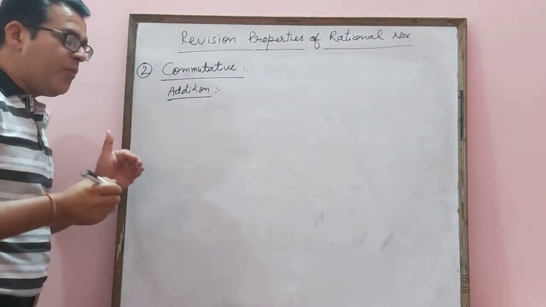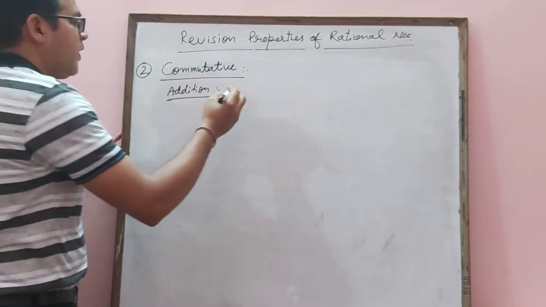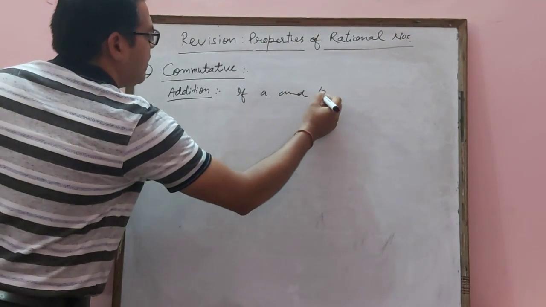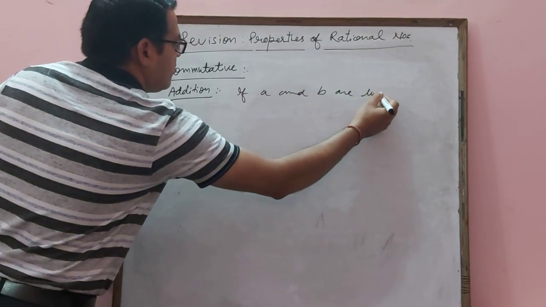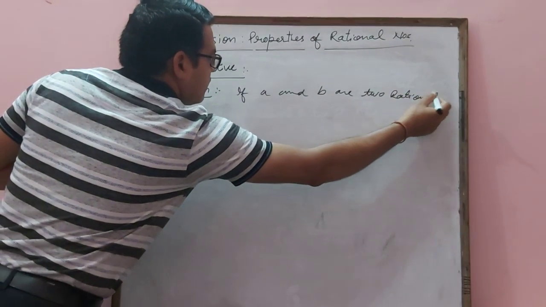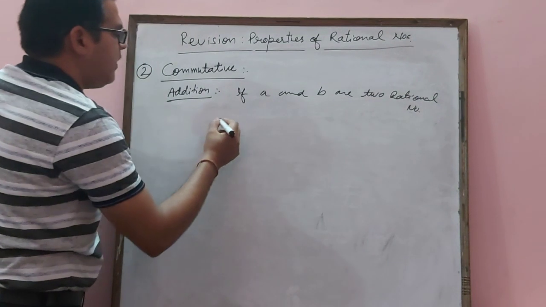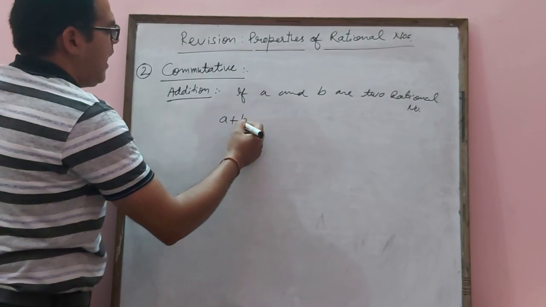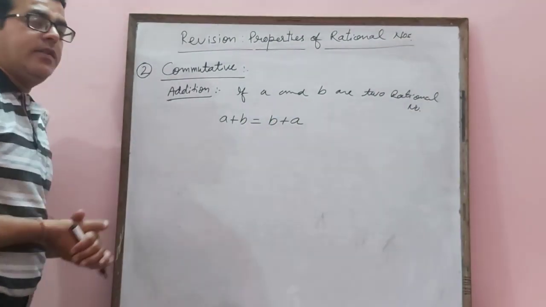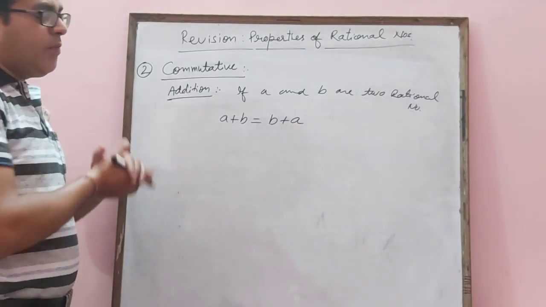Now what does the commutative property say? If A and B are two rational numbers, then A plus B equals B plus A, we can write. This is a very, very important property.